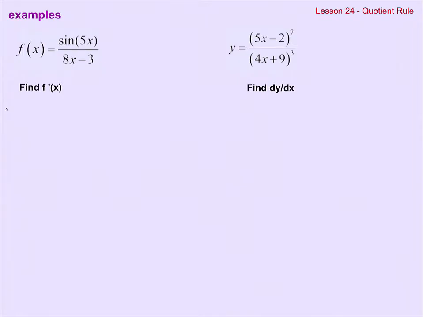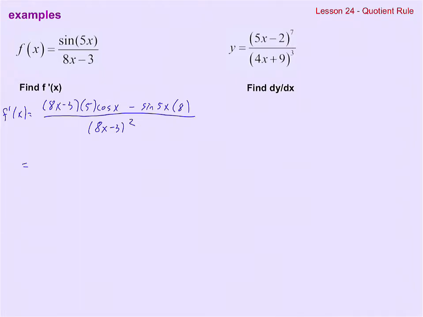So to find the derivative of f of x here, we need to take low d high minus high d low over low low. And I don't really want to touch that denominator. I will clean up the numerator just a little bit.